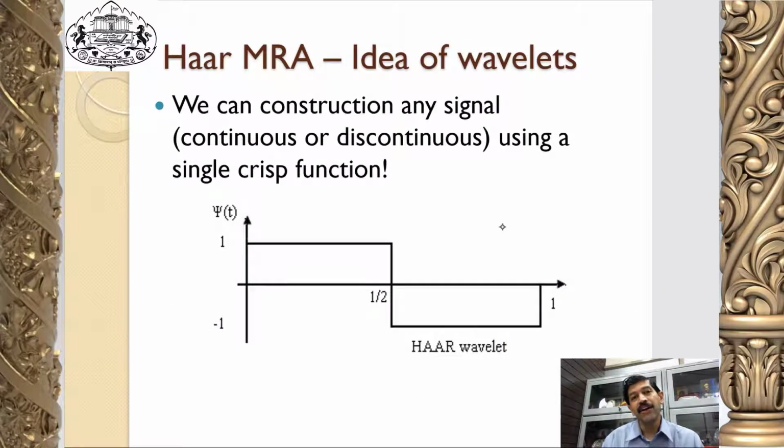The basic idea of wavelet MRA, where MRA stands for multi-resolution analysis, is very powerful, and it essentially tells us that you select any mother wavelet. For example, a mother wavelet is depicted over here, and using this one single function you can represent or construct any other signal or function which is either continuous or discrete. How do we do that? We typically use three operations, and I call these three operations the hallmark features of wavelet transform.